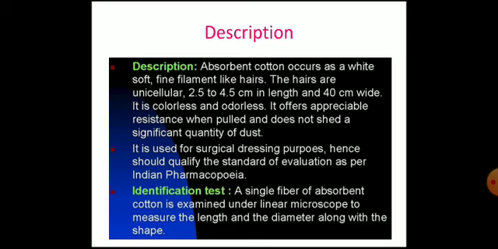The hairs are unicellular, 2.5 to 4.5 centimeter in length, 40 micrometer wide. It is colorless and offers appreciable resistance when pulled and does not shed a significant quantity of dust. It is used for surgical dressing purpose, hence it must qualify the standard of evaluation as per the pharmacopoeia.